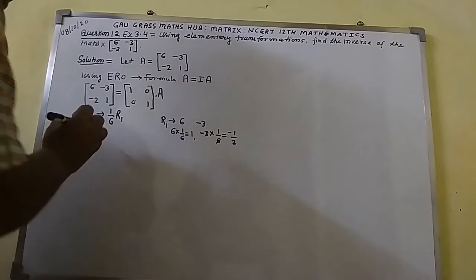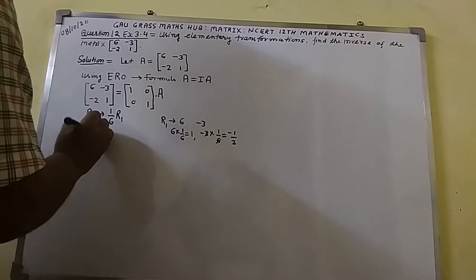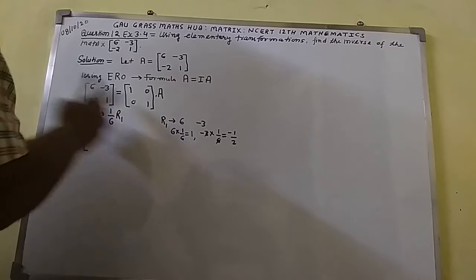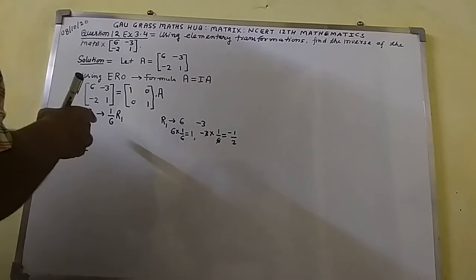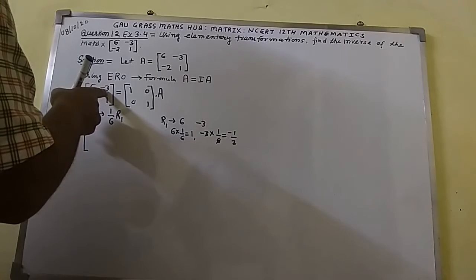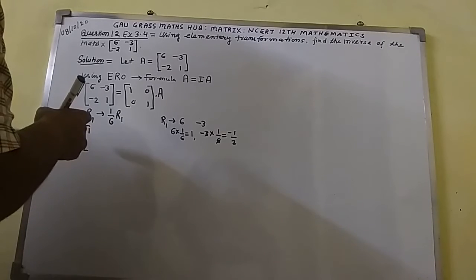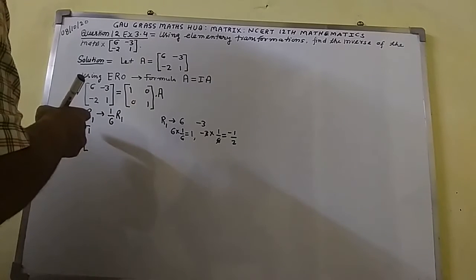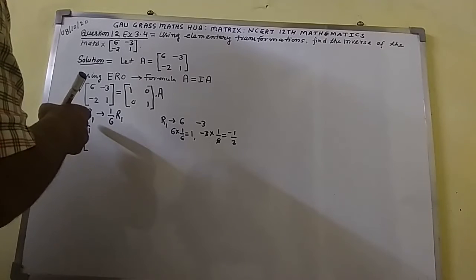So here I shall write, by applying this property, this 6 will be converted into 1, and -3 will be converted into -1 over 2. Only the elements of R1 will be affected.